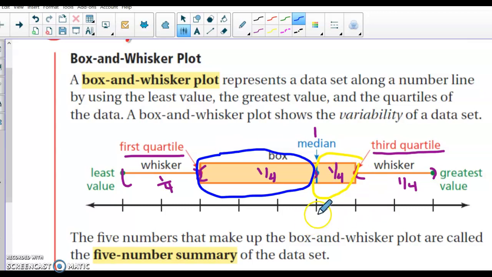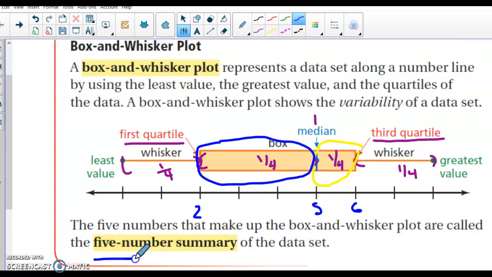That means whatever the numbers, let's say this is 5 and 6, that means there's more 5 and 6. There's less variability than this box between like 2 and 5. There's more range of variety of answers in that fourth than the yellow fourth right there. So the more spread out, the bigger the box, the more variability. The closer to the box, less variability.